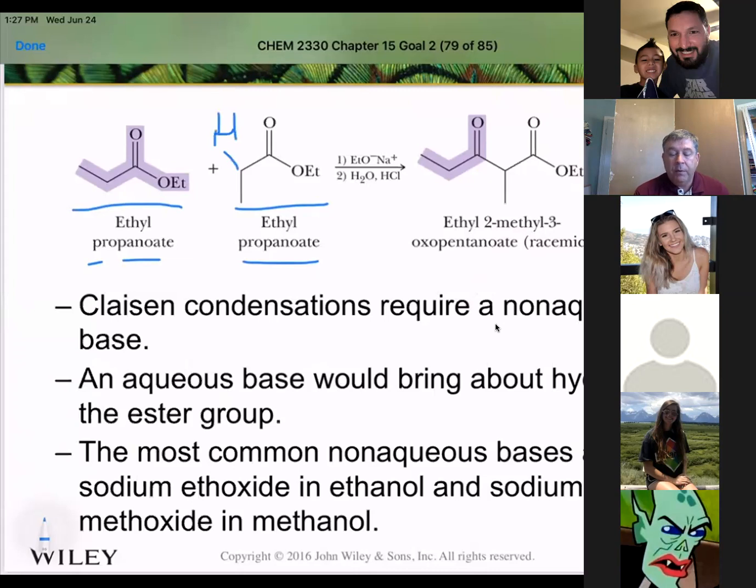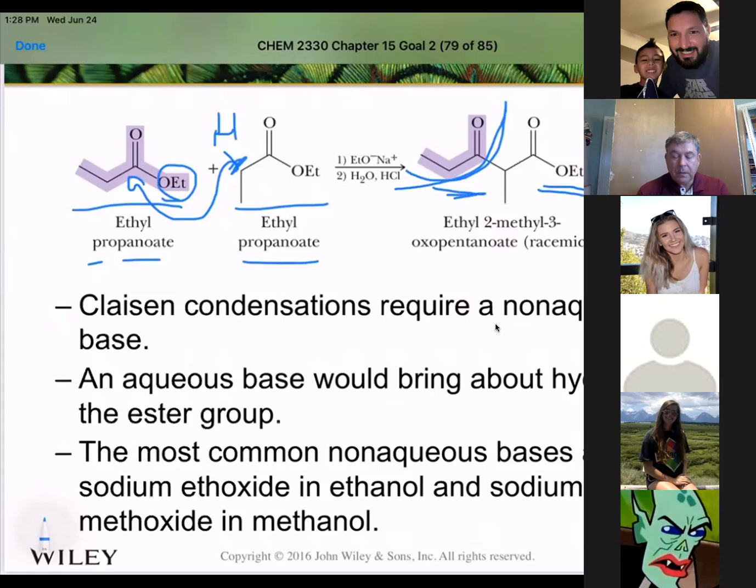If we remove that proton from there, that turns this into the enolate ion, which is then going to attack here. And instead of generating an ion right there, we're going to lose ethanol to generate our new species right here, which is our keto ester. So ketone on this side and ester on that side of our material.